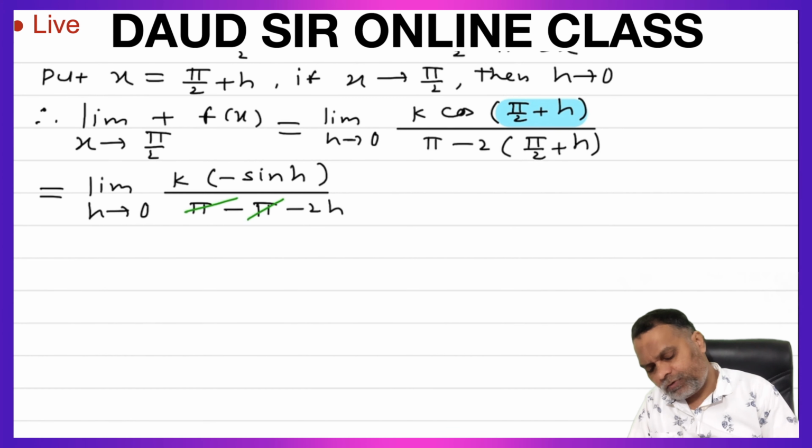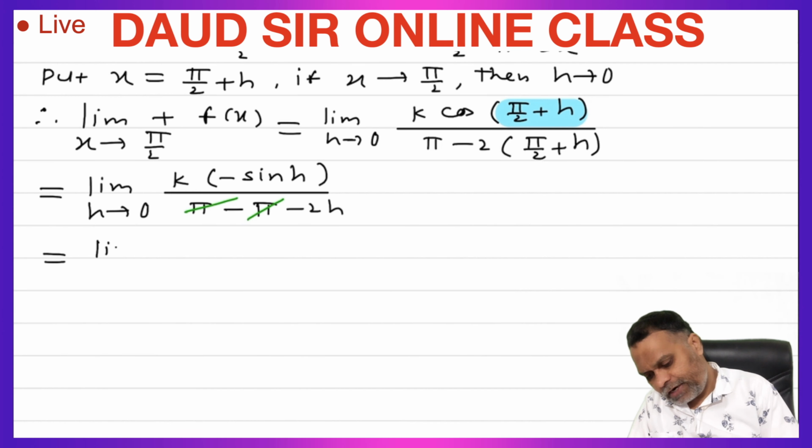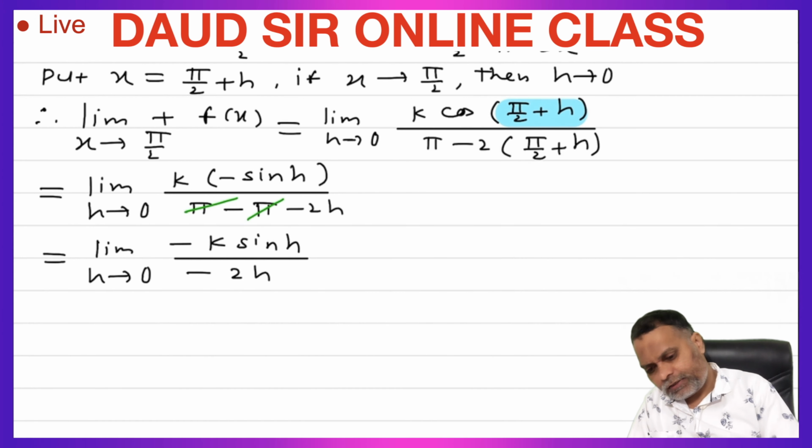Negative pi and positive pi get cancelled, which is equal to limit h tends to 0, minus k into sine h upon minus 2h. This minus minus cancelled.